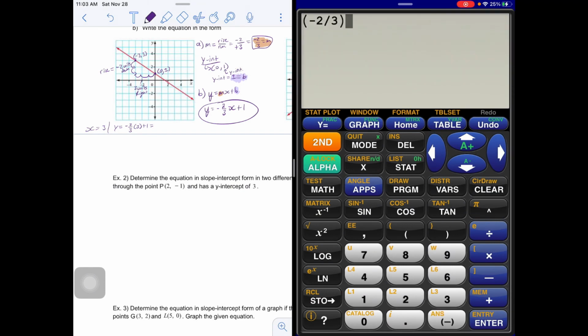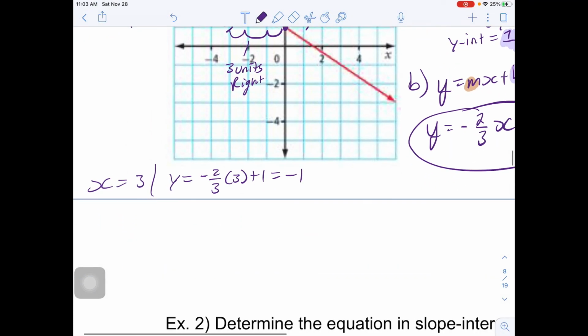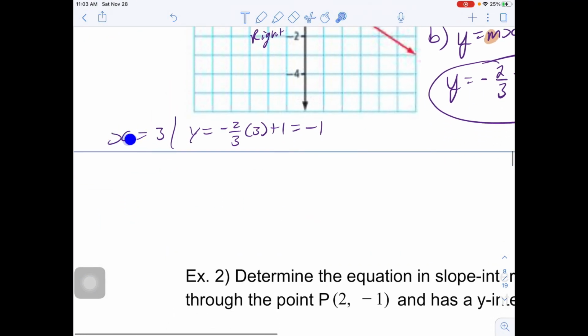Negative 2 divided by 3 times 3 plus 1 is negative 1. So that's a coordinate point that exists on our line. When x is 3, y is negative 1. So this forms the coordinate point (3, -1).